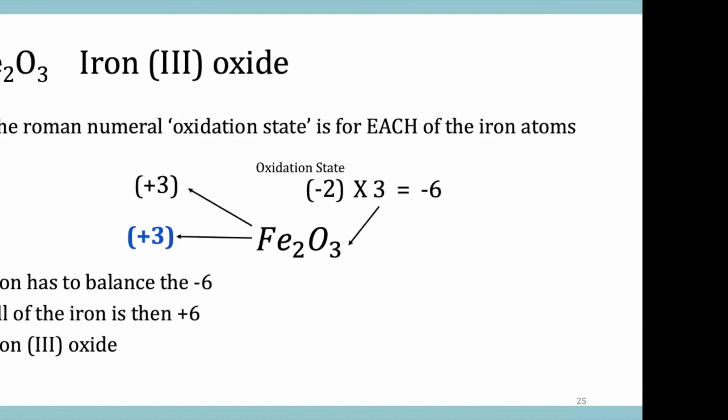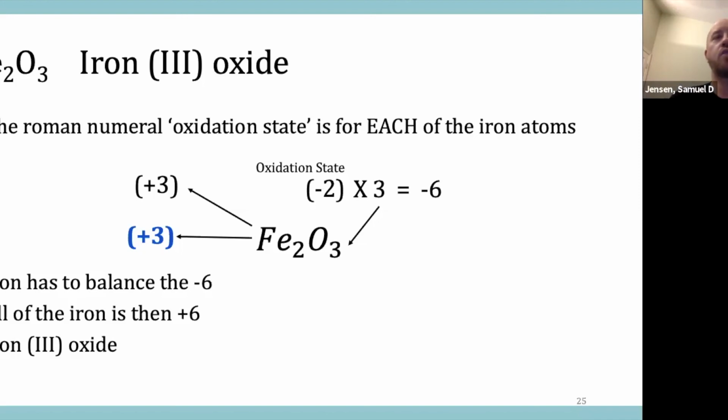Do they give the name, like iron(II) oxide, or do they give it like Fe2O3? Well, iron(II) oxide is a different molecule. For this one right here, Fe2O3, you would say it's iron(III) oxide.